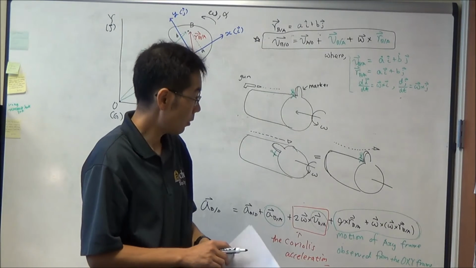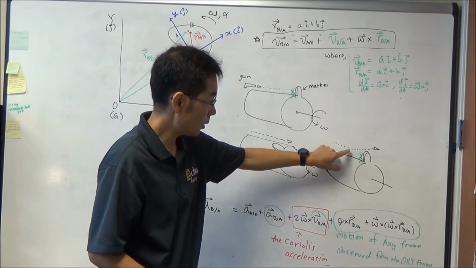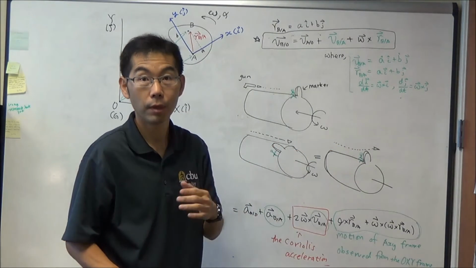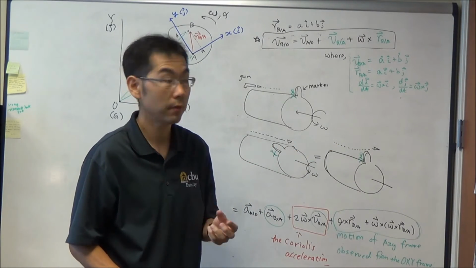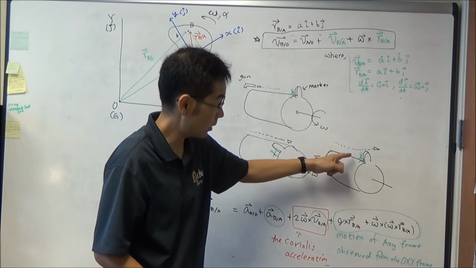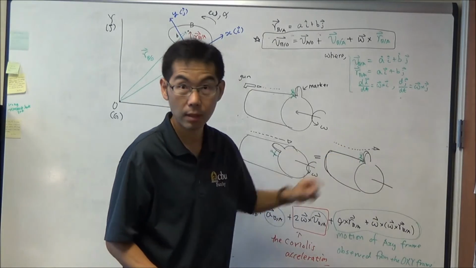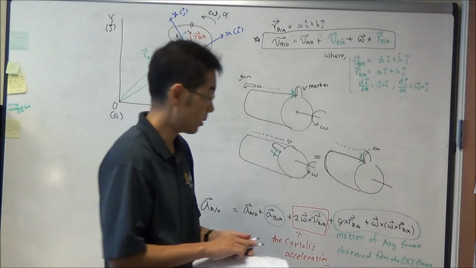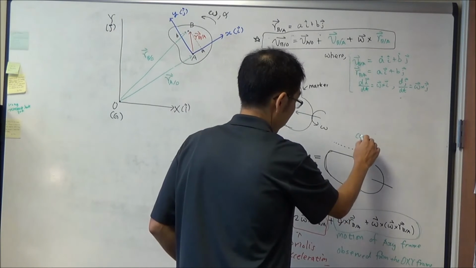Okay? So in order to explain those deviations, we need to invent another fictitious force. Some force is acting on this bullet, that's why the bullet is deviated. So that is the Coriolis effect.